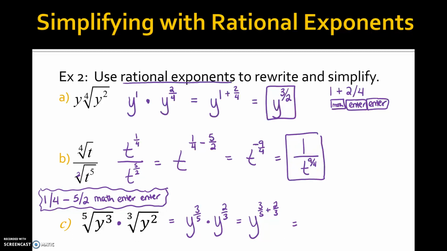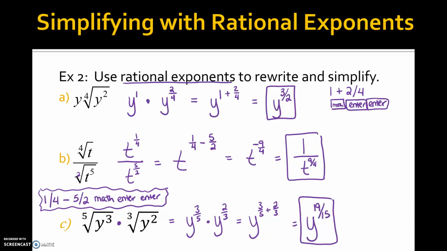So on my calculator, I would type in 3 divided by 5 plus 2 divided by 3. Math button, enter, enter. That tells the calculator I want my answer to be written as a fraction. And it told me the fraction 19/15. If you got that and thought, oh my gosh, that's way too huge, that can't be right, it totally is right.